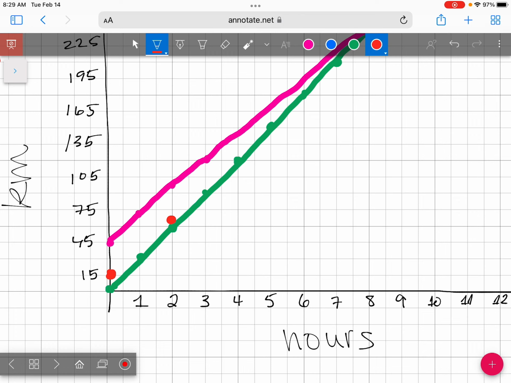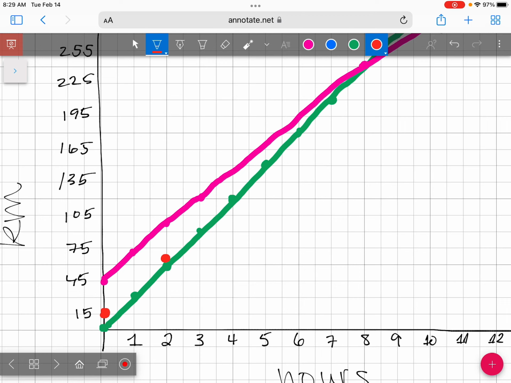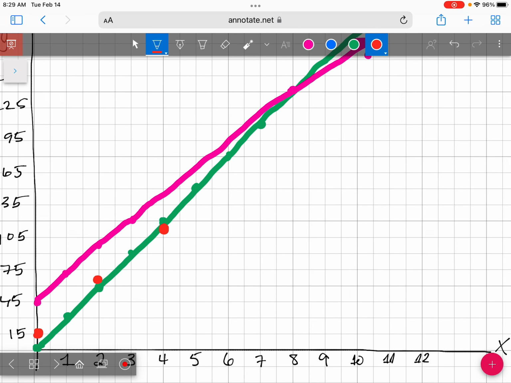Okay, so we can go 50 more from that for 2 hours. So at 4 hours, where's she going to be? What's 65 plus 50? 115. And then 2 more hours, she'll go 50 more.